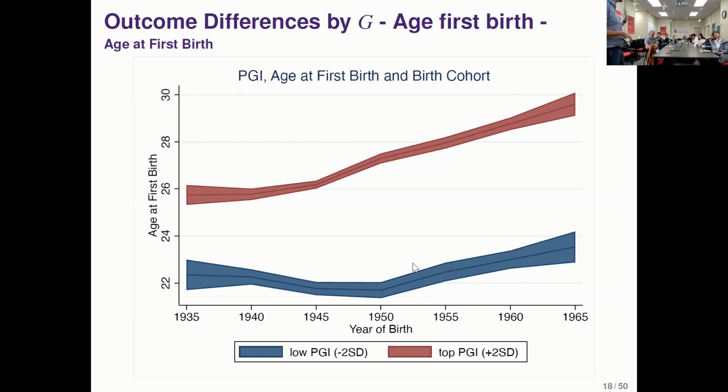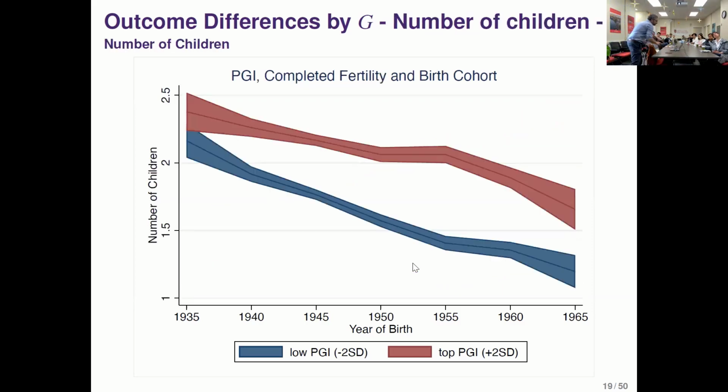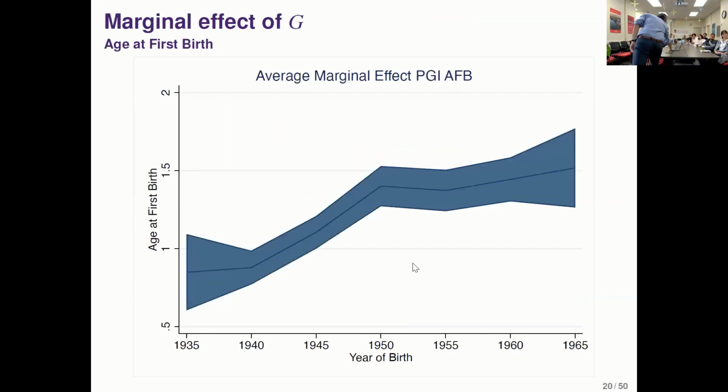We think this suggests some gene-environment interaction, where the environment here is the cohort, the year of birth. We see something similar for number of children: for the earlier cohort, the distinction is very low and then increases over time. And for age of first sex.